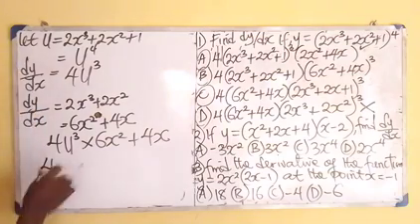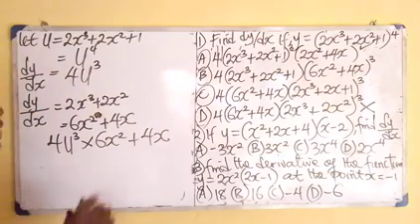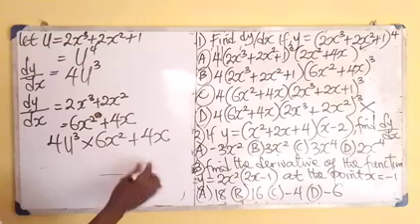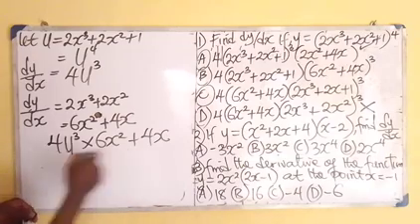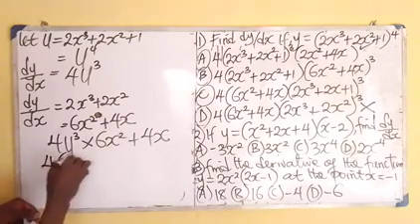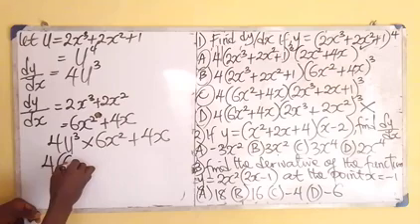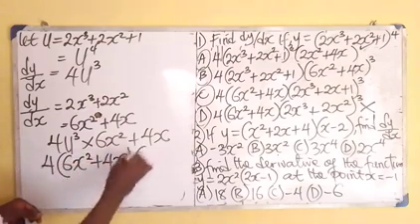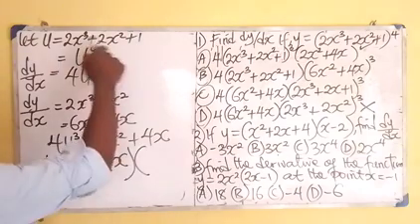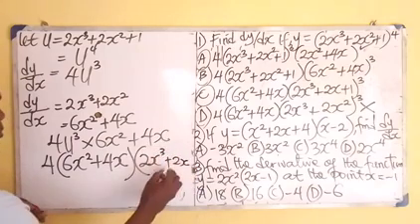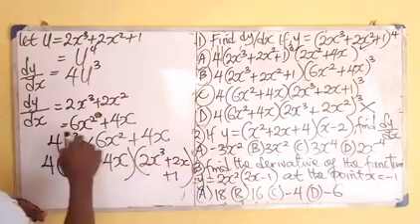Do you understand? So this is what I'm going to be having. 4 becomes, I'll use this to multiply this. That's 4, open brackets, 6x squared plus 4x. We said let u be this, so it becomes 2x cubed plus 2x squared plus 1, raised by 3.